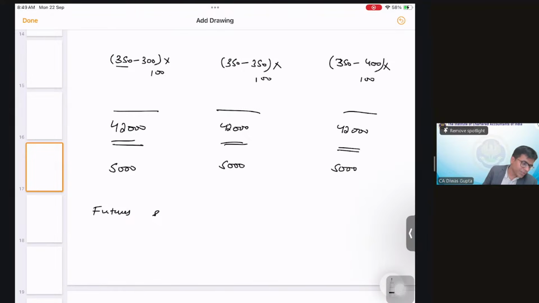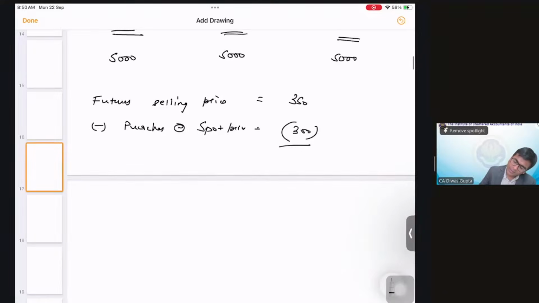And this can also be demonstrated like this. The futures selling price was 350, minus the purchase at spot price, which was 300. So in a nutshell, 50 rupees per share is what we have gained.